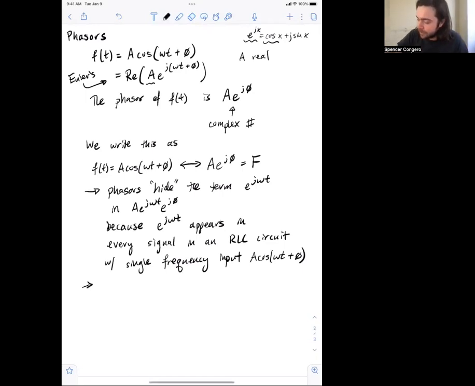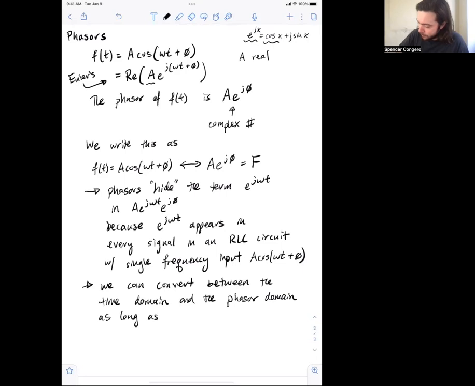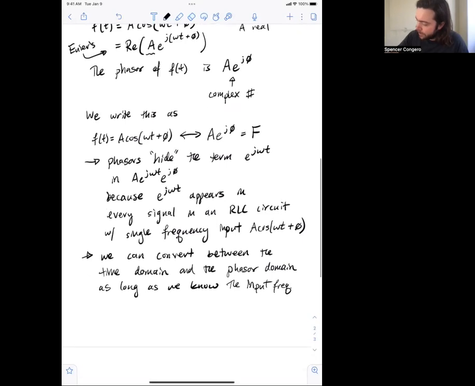Okay, and also just make another note here. We can convert between the time domain, and by that I just mean functions of time like f of t, and the so-called phasor domain, I just mean the phasors of all those signals, as long as we know the input frequency omega, right?